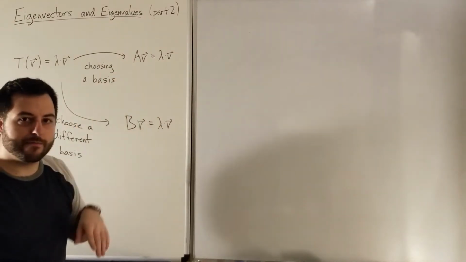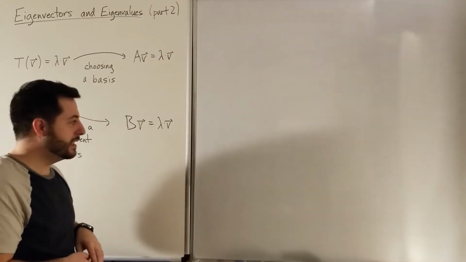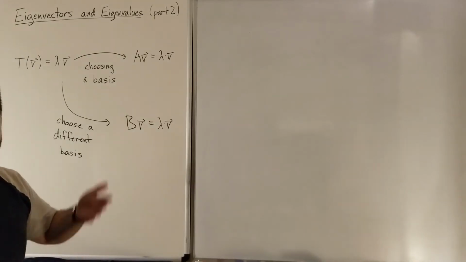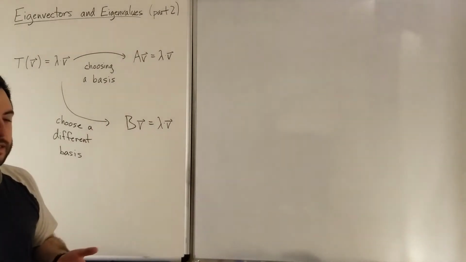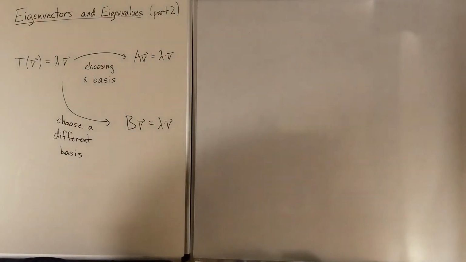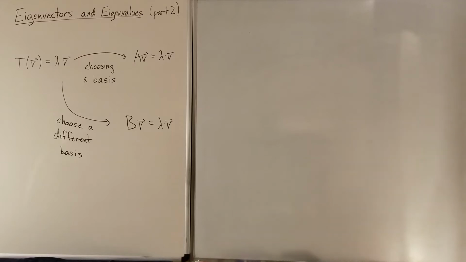They are technically the same vector if you account for the basis, but the coordinates that you're writing them down in as elements of Rn, they look different. So I'm going to call them both V, but they are different looking vectors.